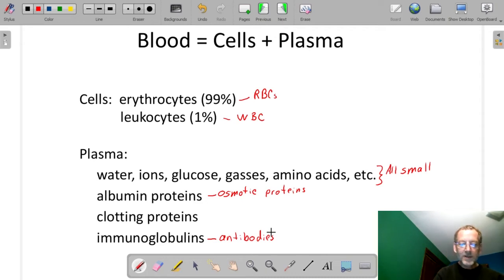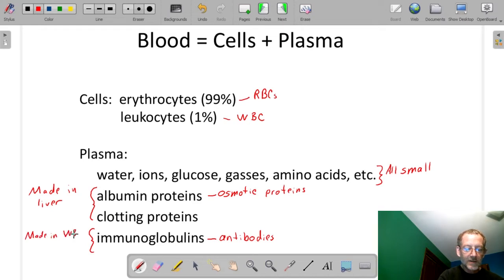So the albumins and the clotting factors are made in the liver. And the immunoglobulins are made in white blood cells, WBCs, and plasma cells and B cells that we'll talk about more when we get to the immune system.